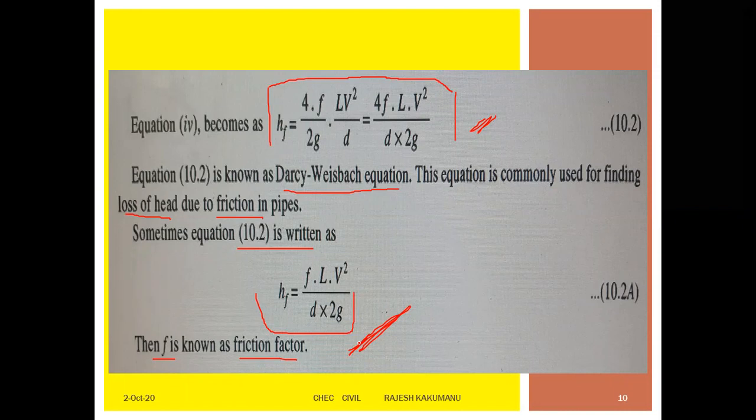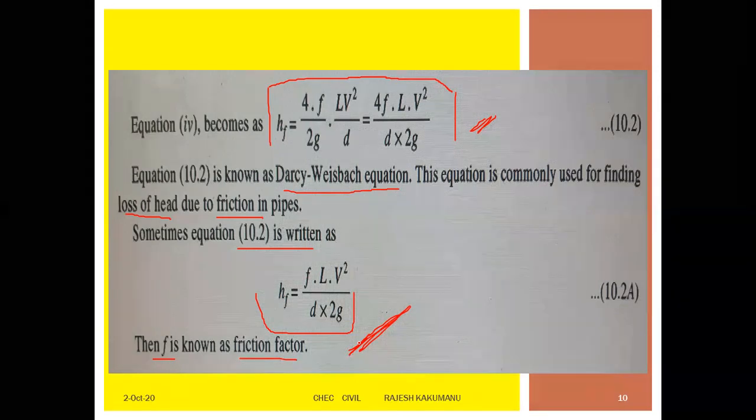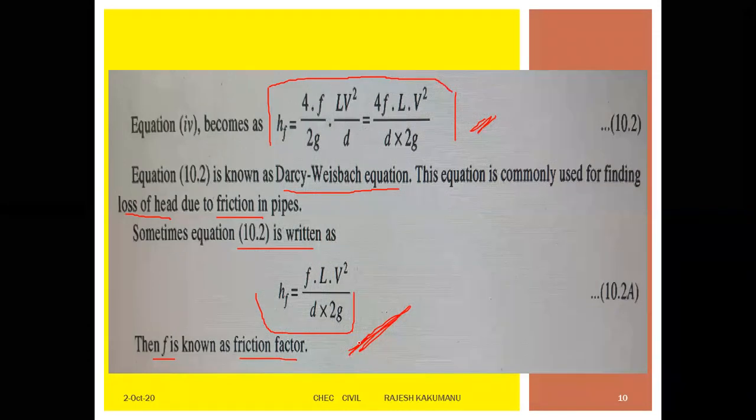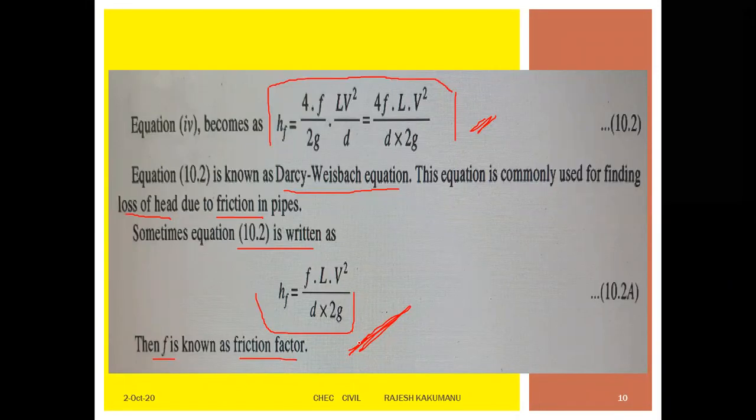And also we'll see the minor losses in the pipes and what the hydraulic gradient line and total energy line are, and also various other derivations used by the Hardy Cross method, the Hazen-Williams formula and the Moody's chart. Like this, we have some other derivations by other scientists for turbulent flow, right? So with this, we'll stop the session and we'll start the problems tomorrow based upon this equation.